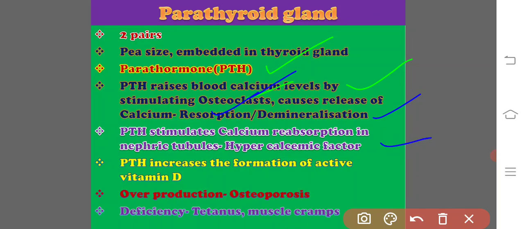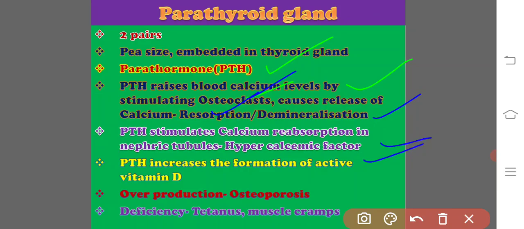PTH also increases the formation of active vitamin D in the kidneys. The vitamin D is carried by the blood to the epithelial cells of the small intestine, where it promotes the synthesis of the calcium transport proteins.